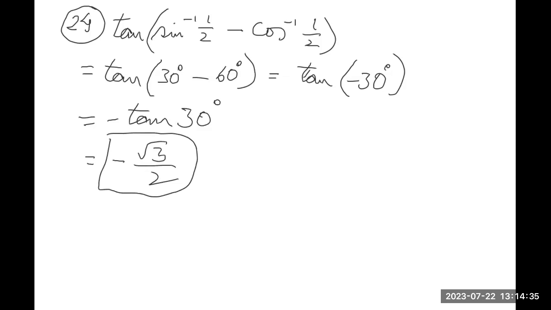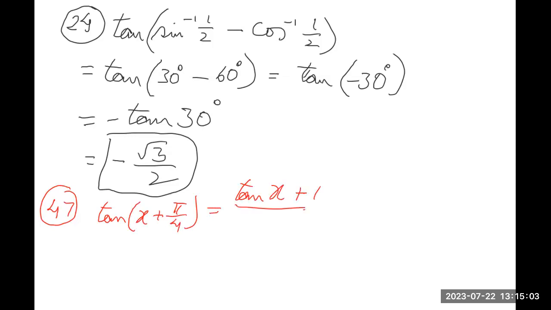Let's look at problem number 47, in which we have to prove that tan of x plus pi over 4 is equal to tan x plus 1 over 1 minus tan x. So we start on the left side and use the sum identity for the tan function.